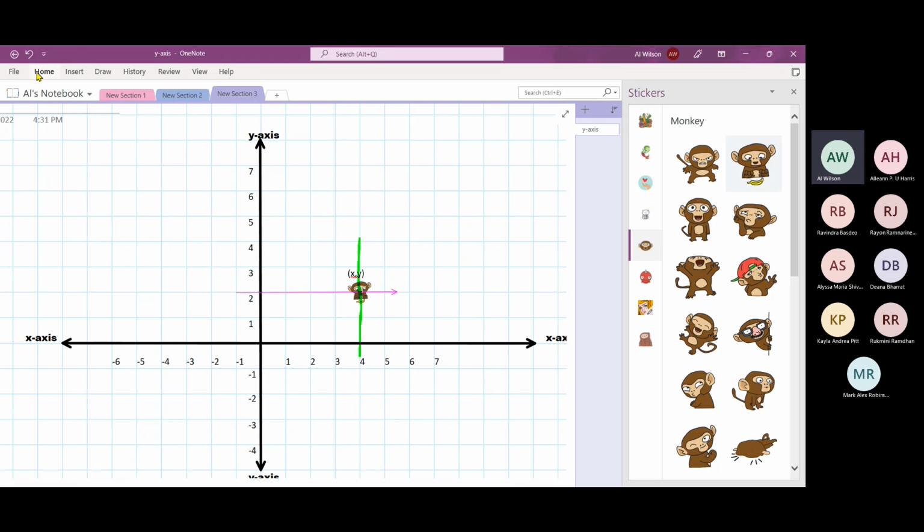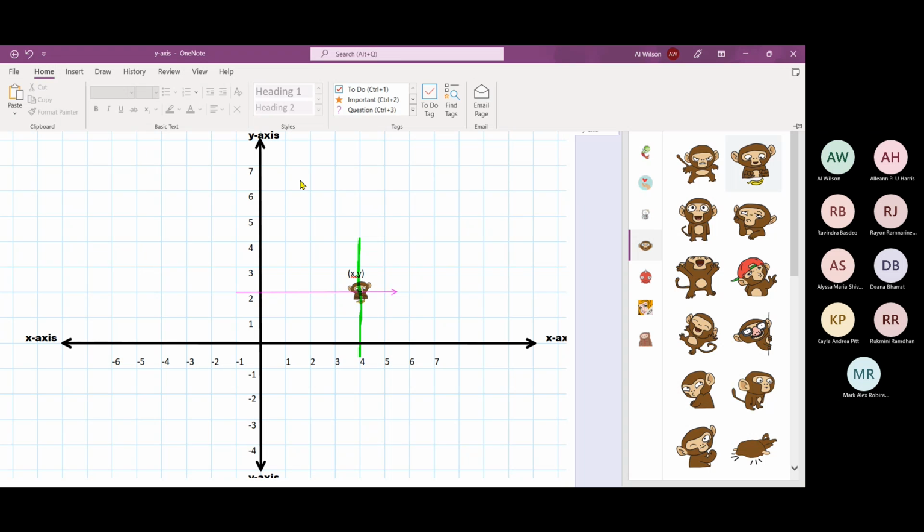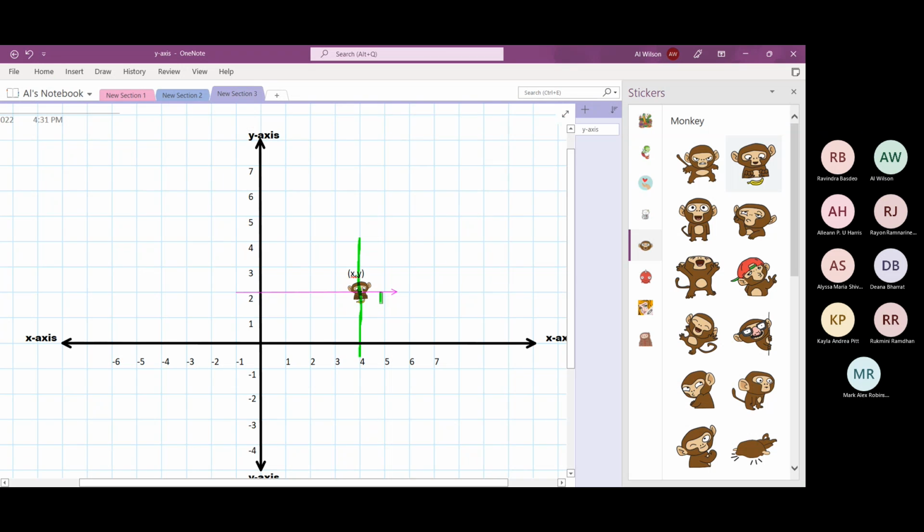Now from what you can see, what is the x value? 4. So the x value is 4, and the y value is 2. That's the answer.